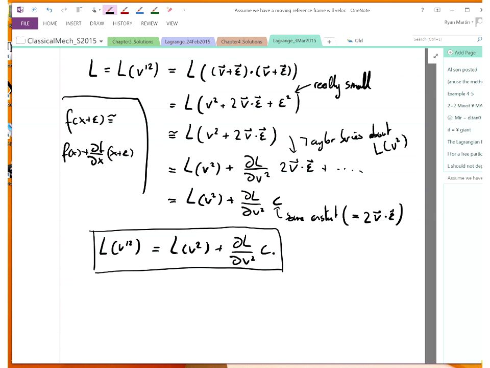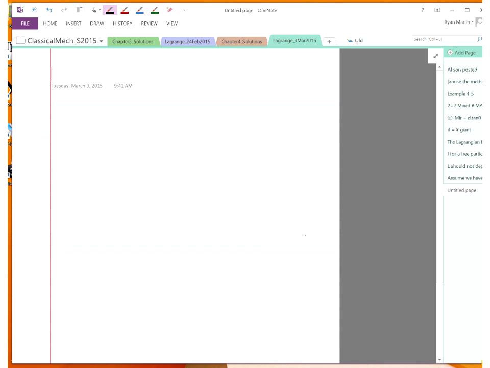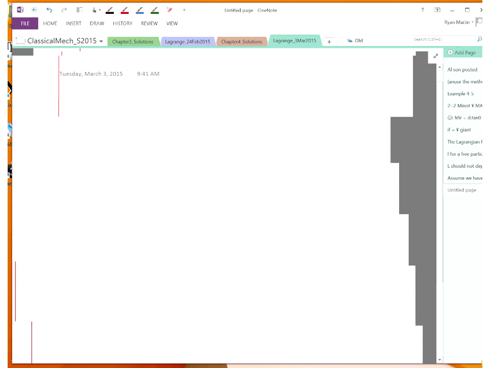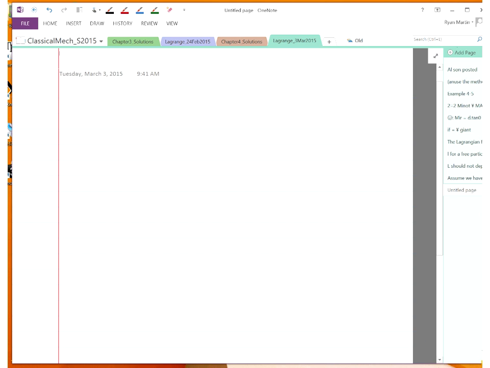So now, both of us agree on Hamilton's principle, and so the Euler-Lagrange equation must apply in both cases. The Euler-Lagrange equation is d/dt of ∂L(V prime squared)/∂Qj dot, minus the term ∂L/∂Qj, but we already argued that's always 0, so this is equal to 0.